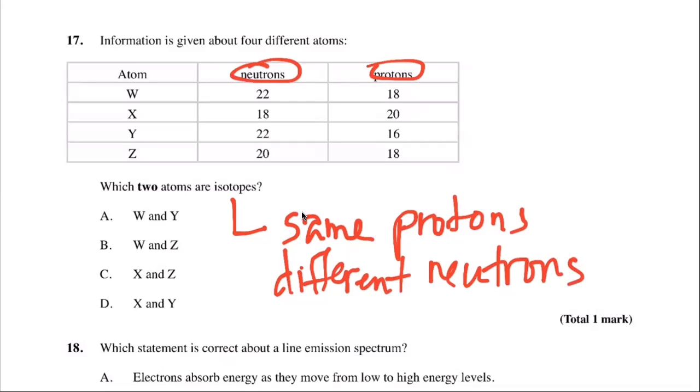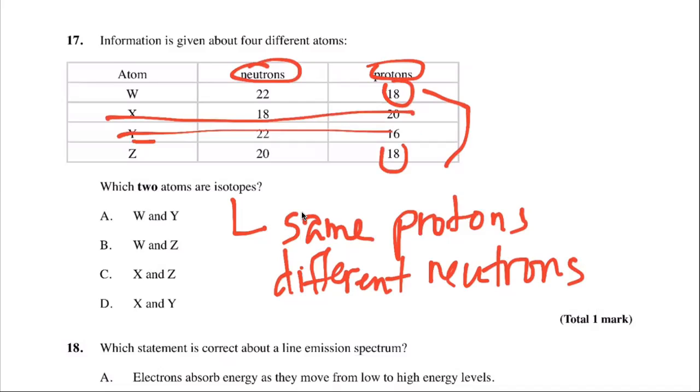I can just look at the protons because there's only 2 that have the same number of protons, W and Z, because they both have 18. Nobody else has the same number of protons. So it can't be X or Y. And if we check the neutrons, they do have different neutrons. So W and Z, which would be answer choice B.